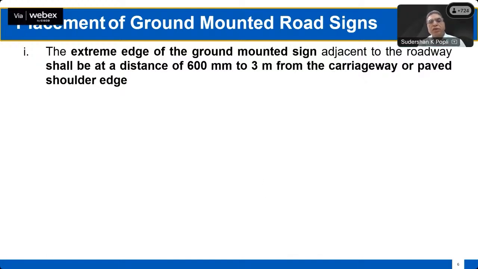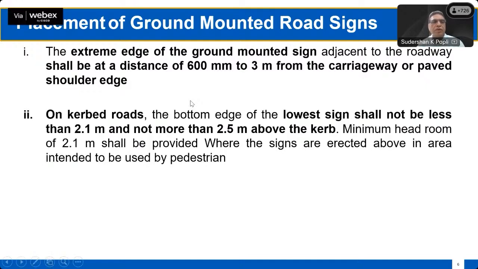The extreme edge of the ground mounted signs, wherever it is on the shoulder side, shall be at a distance of 600 mm to 3 meter from the carriageway or paved shoulder edge. On curbed roads, basically curbs will be only for the footpath.